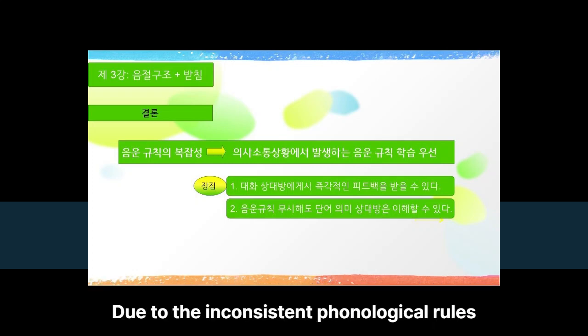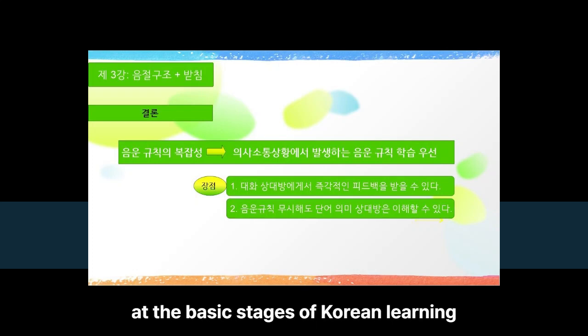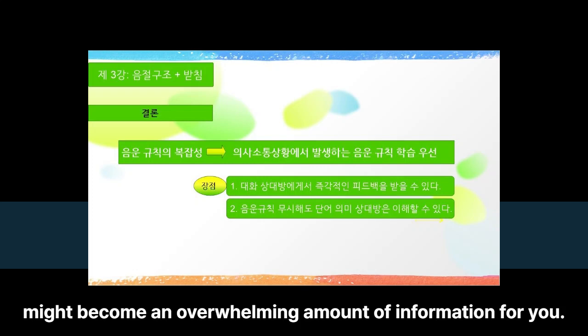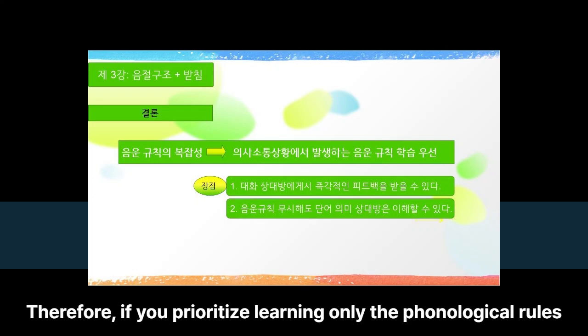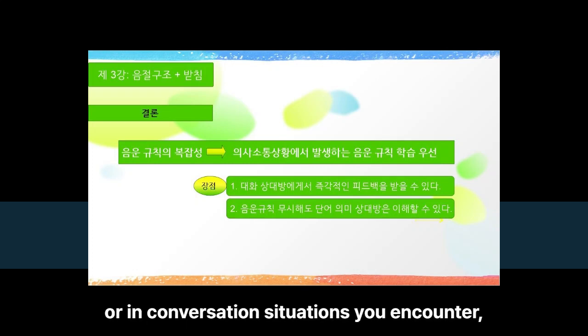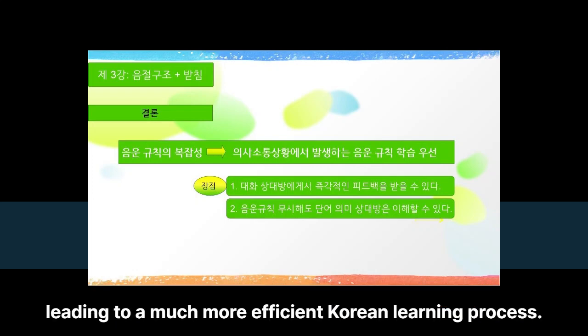Due to the inconsistent phonological rules, introducing numerous phonological rules and exceptions at the basic stages of Korean learning might become an overwhelming amount of information for you. More importantly, it could be an inefficient learning method. Therefore, if you prioritize learning only the phonological rules that occur in the words you're learning or in conversation situations you encounter, your workload in learning Korean would significantly decrease, leading to a much more efficient Korean learning process.